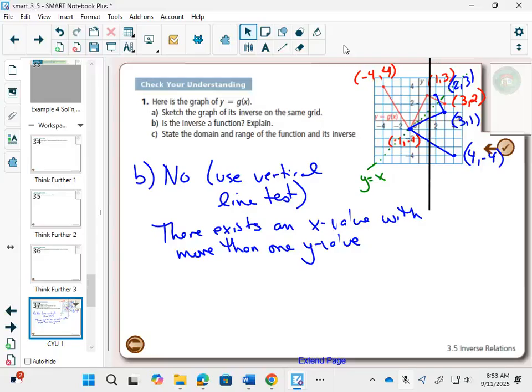And we like functions because we use our calculator. Our calculator uses functions. When you type something in, it tells you one answer. It'd be very frustrating if it told you multiple answers. Right? For some things in math this year, we're going to learn that there's an infinite amount of answers.